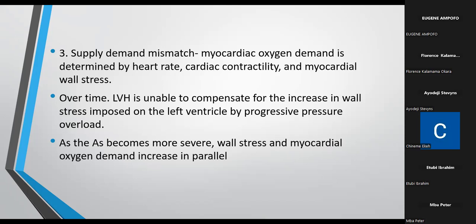And over time, because of the wall stress, the LVH develops, and the LVH is unable to compensate for the increase in wall stress imposed on the left ventricle by the progressive pressure overload. And as the AS becomes more severe, the wall stress and the myocardial oxygen demand increase in parallel.